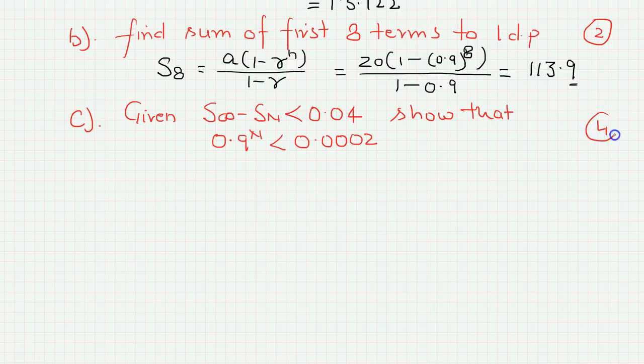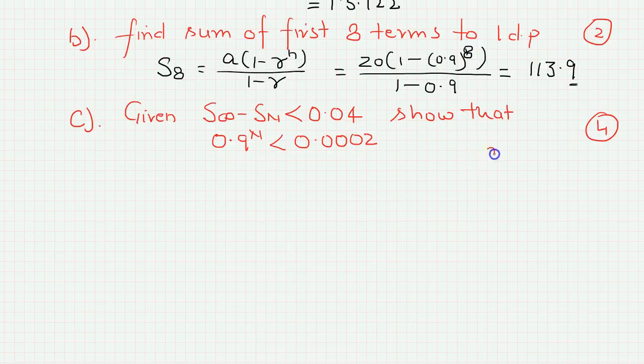Part C, which is of 4 marks, says that given that S infinity minus Sn is less than 0.04, where Sn is the sum of the first n terms of the series, show that 0.9 to the power n is less than 0.0002.